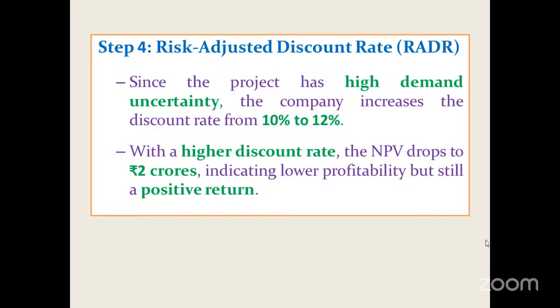Since the project has high demand uncertainty, the company increased the discount rate from 10% to 12%. And with the higher discount rate, net present value drops to 2 CR, indicating lower profitability but still a positive return.